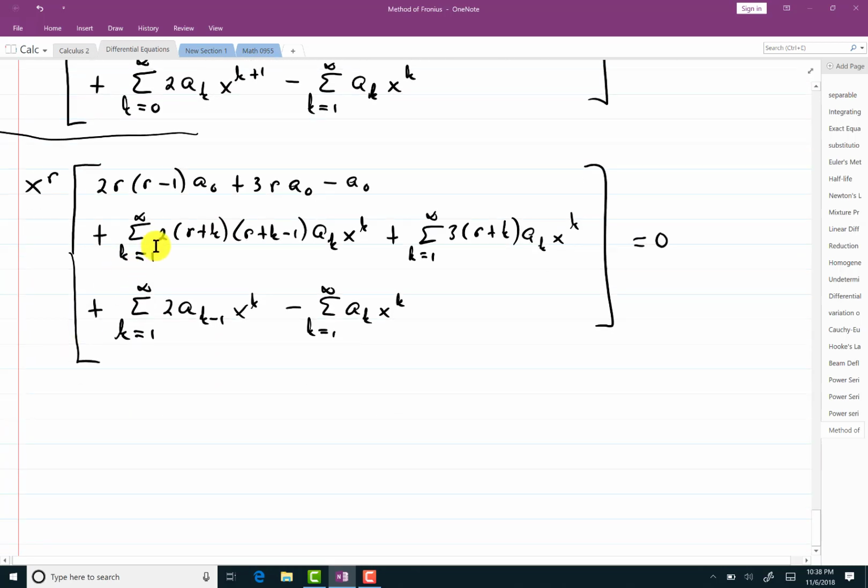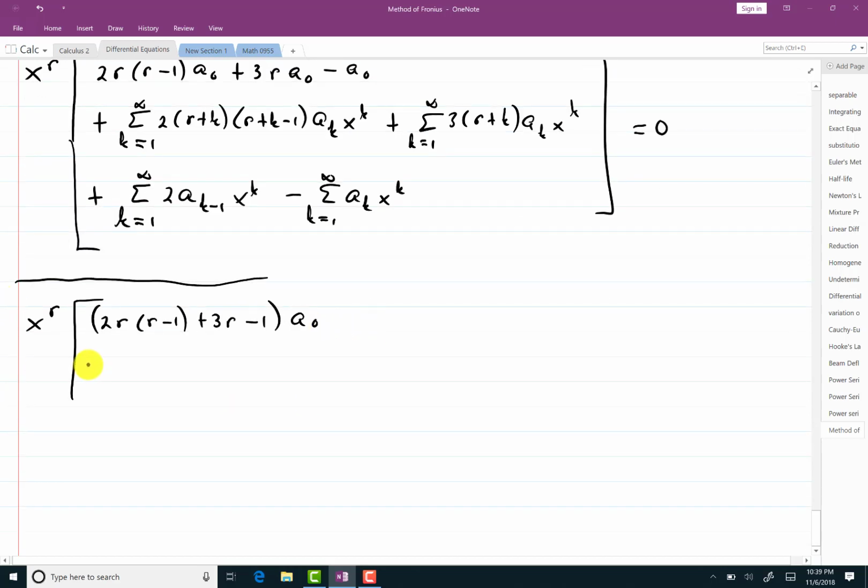Now, let me go ahead and collect all these terms. Let me factor out an a sub 0 from all these terms in the beginning. So I get 2r times r minus 1 plus 3r minus 1, and all of that is attached to a sub 0.